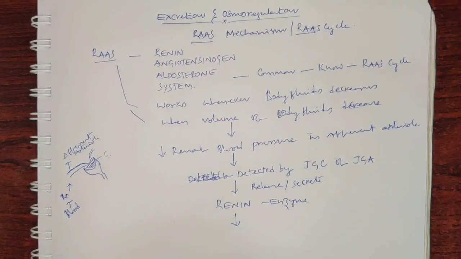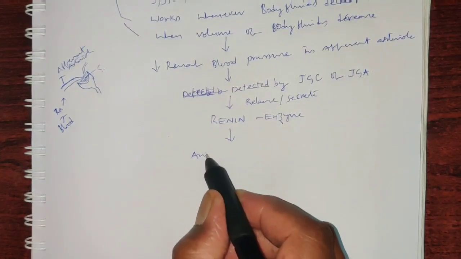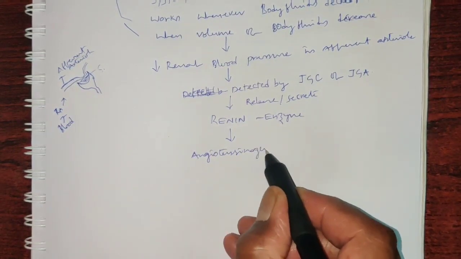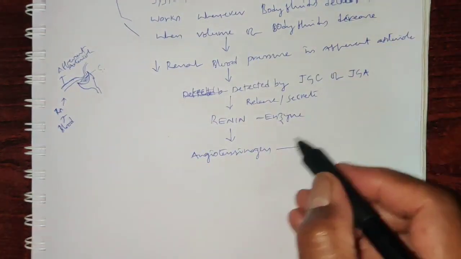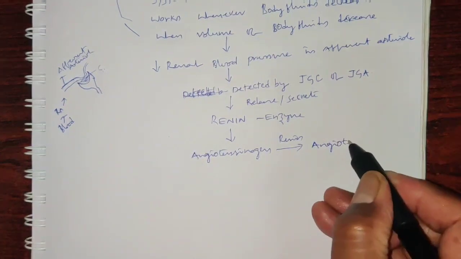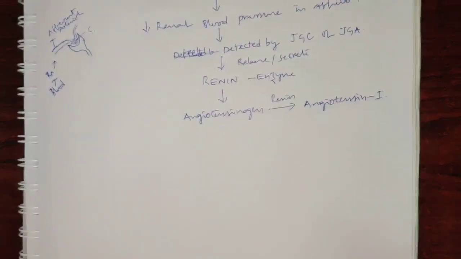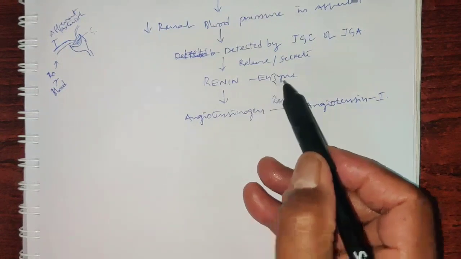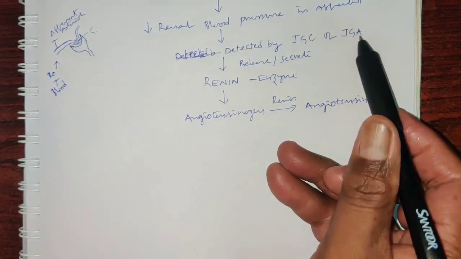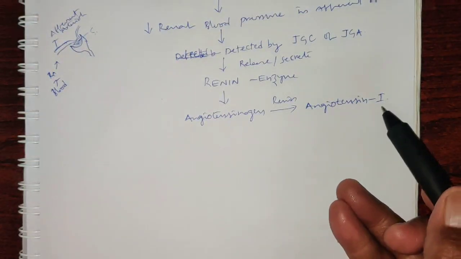This renin enzyme works on angiotensinogen and converts it into angiotensin 1. So renin is secreted by the juxtaglomerular cells of the juxtaglomerular apparatus of the kidney, and it converts angiotensinogen to angiotensin 1.